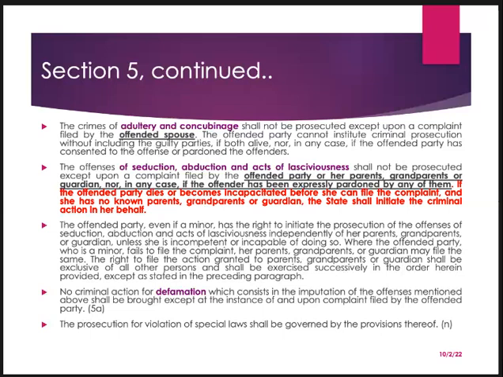In your Criminal Law 2, Book 2, you will learn later on that crimes are actually classified into different books, or into different titles. So you will see there crimes against persons, crimes against honor, crimes against chastity, crimes against property, crimes against the law of the nation. So basically, the Revised Penal Code, particularly Book 2, enumerates which are crimes against honor, crimes against chastity, and crimes against persons.